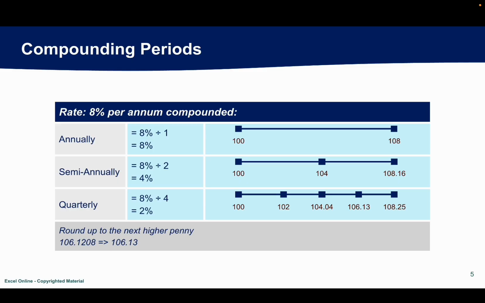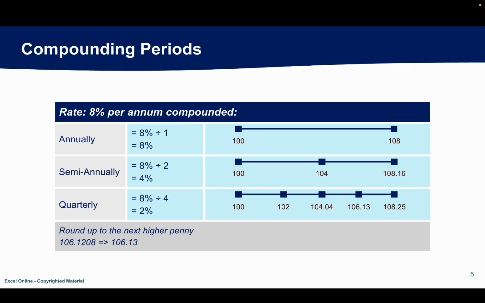So if we have a $100 loan at 8% compounded annually, $108 is due at the end of the loan. Moving on, if we have a $100 loan at 8% compounded semi-annually, we take the 8% and divide it by 2 to make the rate semi-annual.